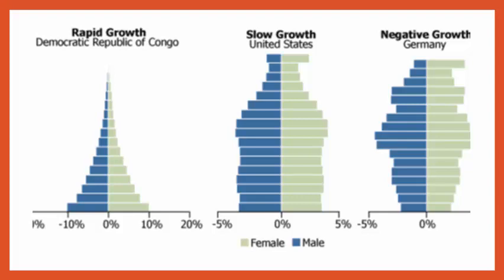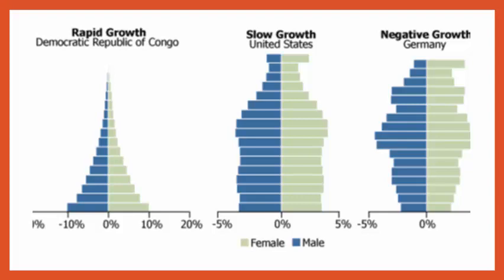However, as medical advances start to take place in countries that have this rapid growth, more of those babies are going to reach older age and reach reproductive years. However, that's going to happen before there is this cultural shift towards having smaller family sizes.